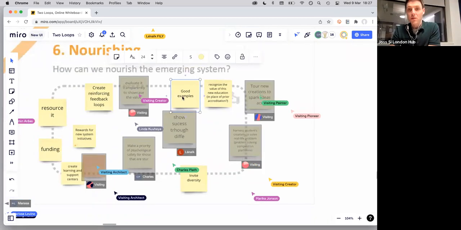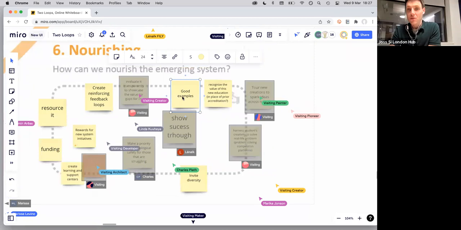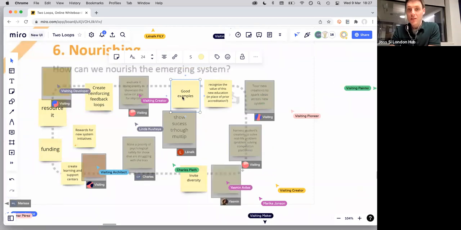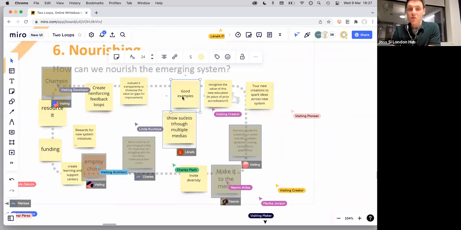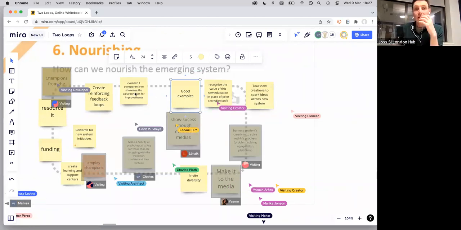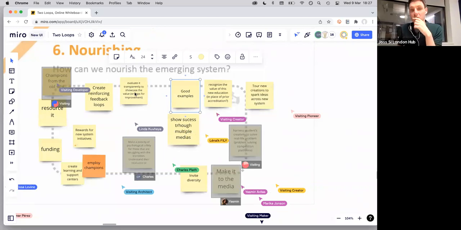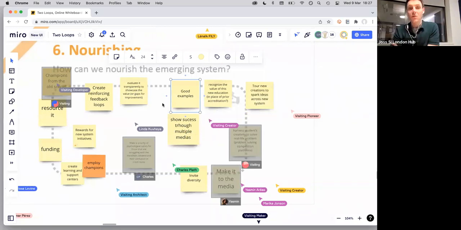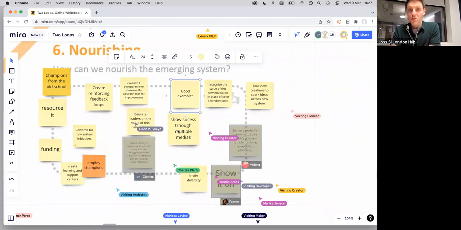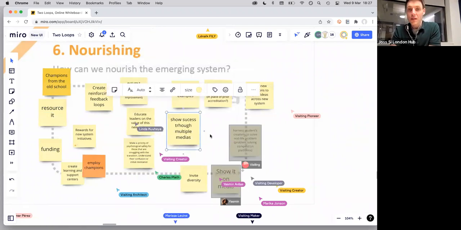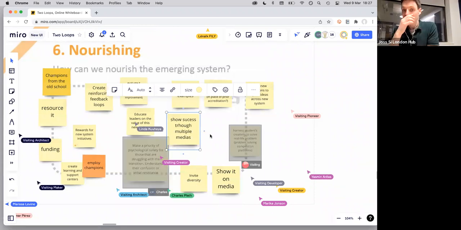Create good examples, recognize the value of this new education in place of prior accreditations, evaluate it transparently to showcase the value and the gaps for improvement. Show success through multiple media.